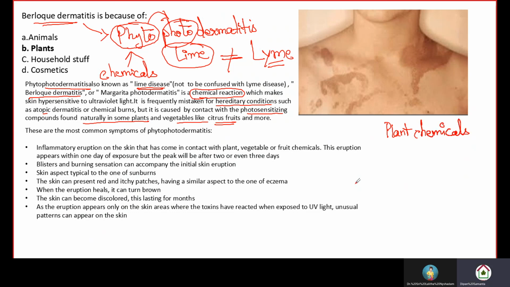what they do, they increase the hypersensitivity.